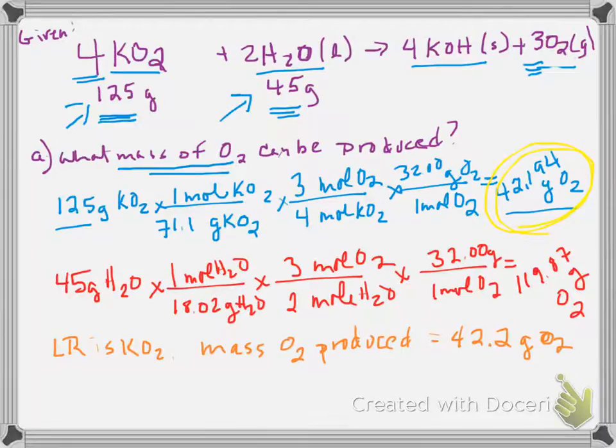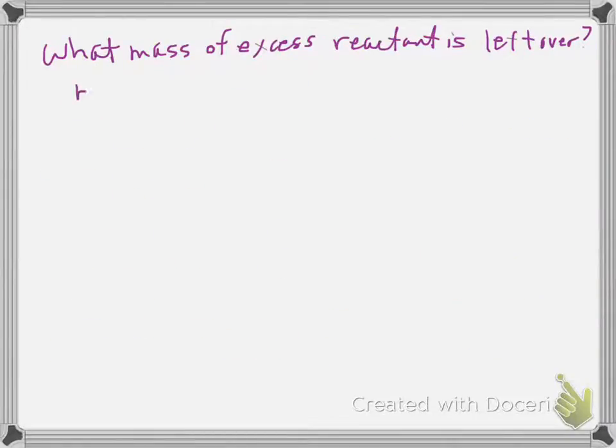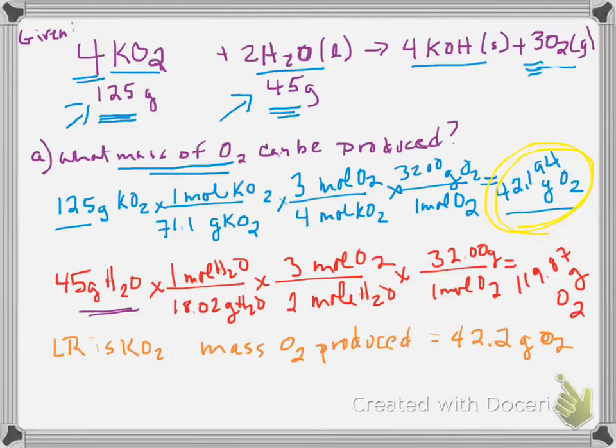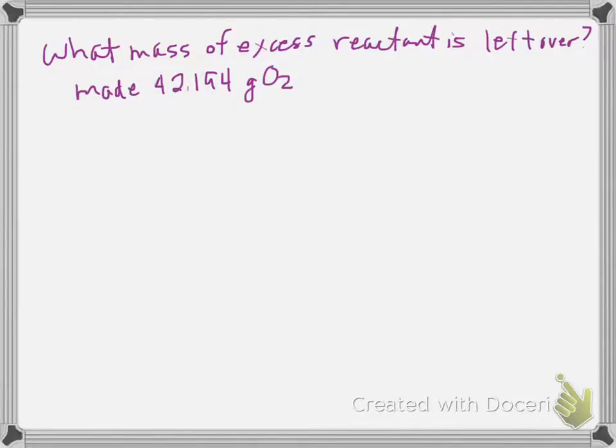So going back to our problem, our excess reactant is the water, and we know that we're going to make 42.194 grams of oxygen. So we know we made 42.194 grams of oxygen, and we had 45 grams of water. Okay.